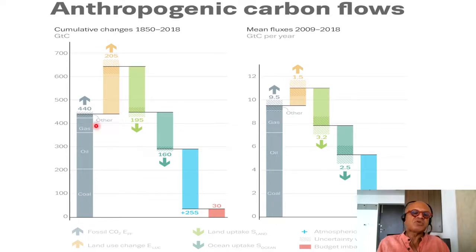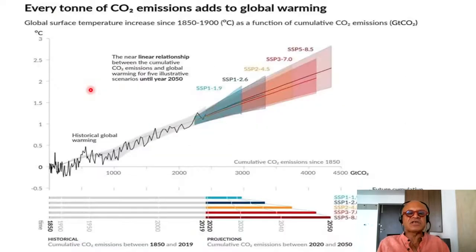Why do we worry about cumulative carbon? It turns out that the warming that happens globally is almost linearly proportional to cumulative CO2 emissions since 1850.